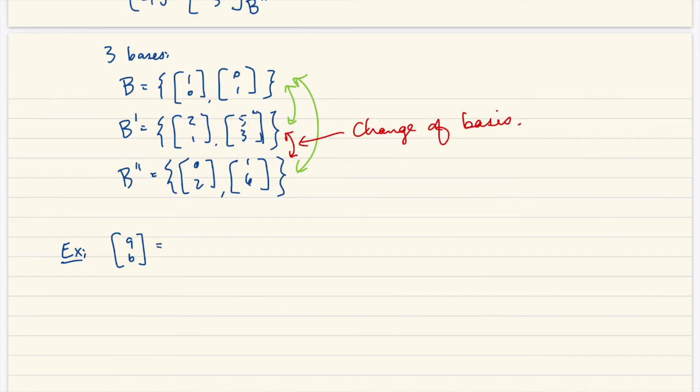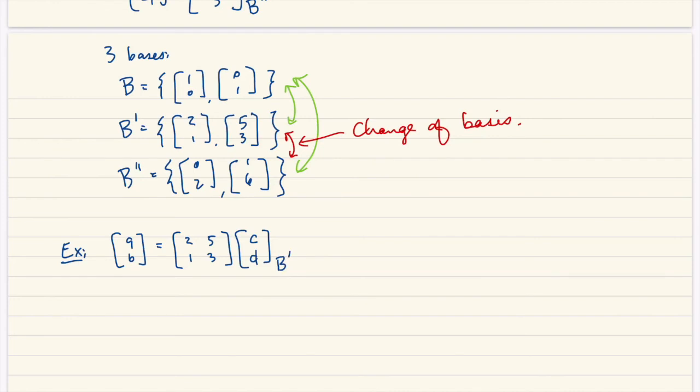And we wanted to write this as a linear combination of the basis vectors in B prime. So we had 2, 1, 5, 3. This, by the way, is a 5, 3, though it didn't show up very well on the screen. So 2, 1, 5, 3 times CD. And this CD, by the way, was relative to the basis B prime.